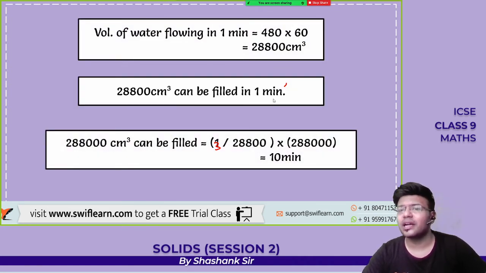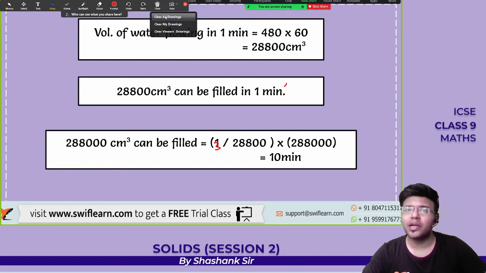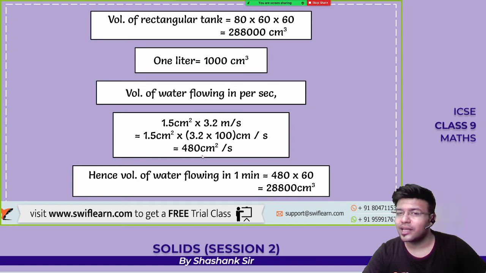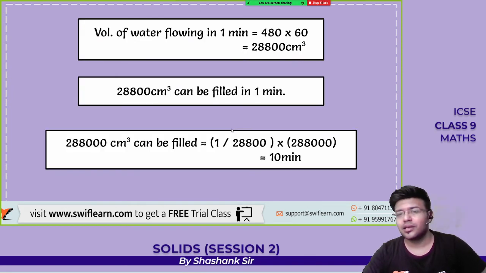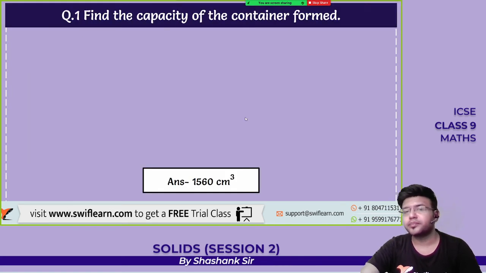How much time will it take to fill this much? So this whole thing by this, you will get 10 minutes. If you directly divide this by 480, you will get it in seconds. So this much can be filled in 10 minutes.